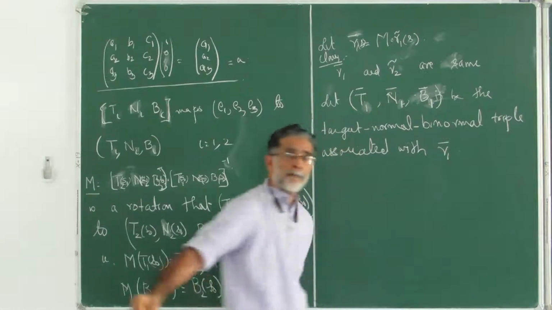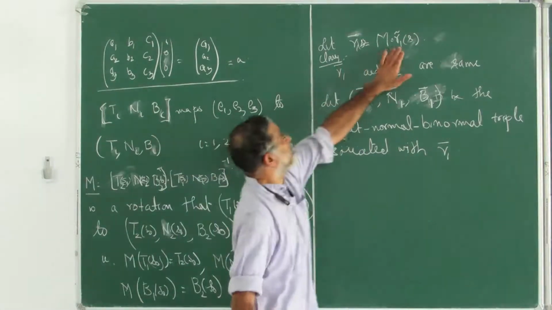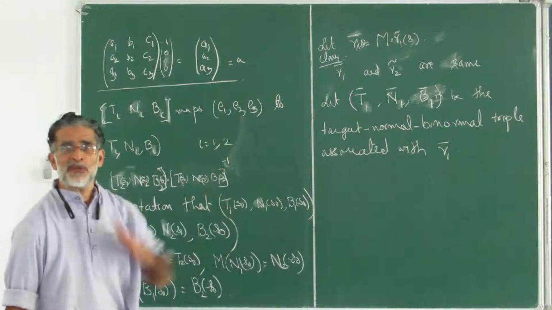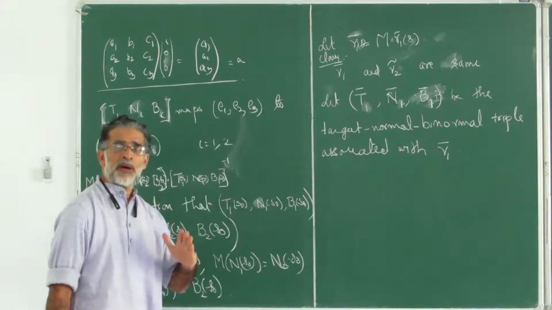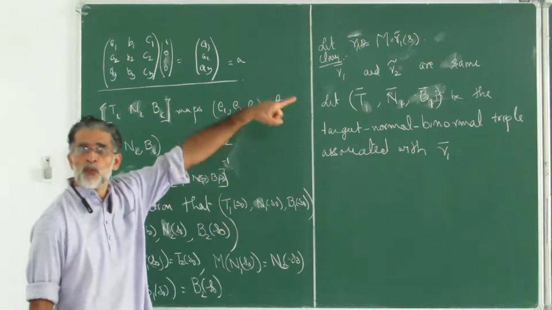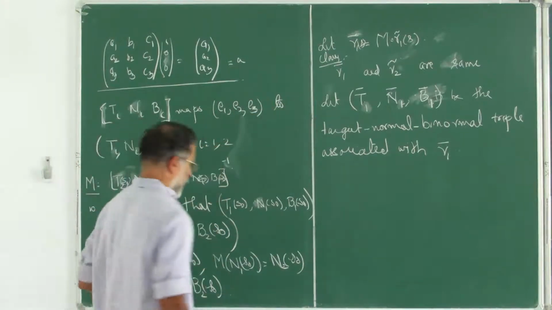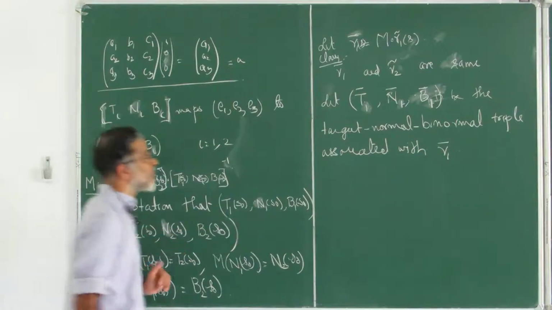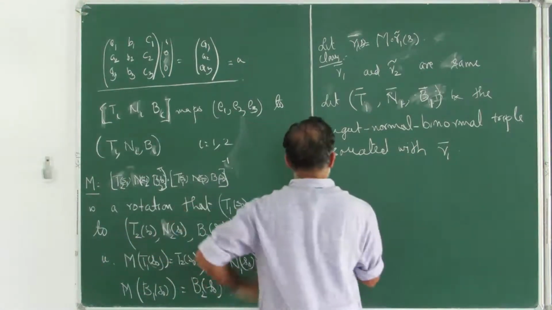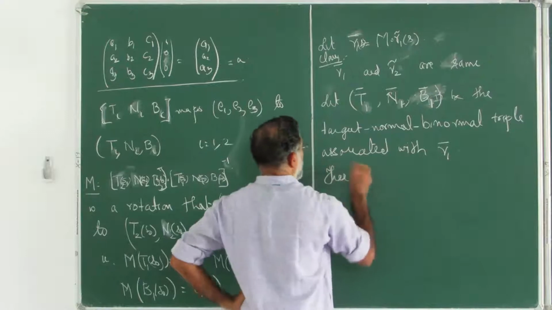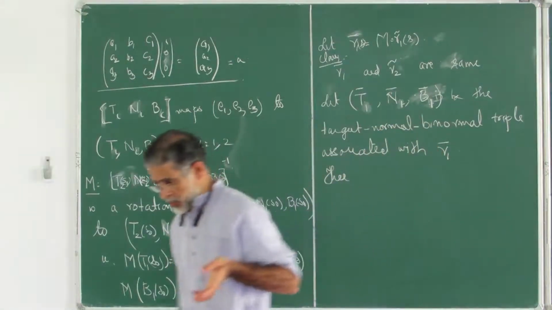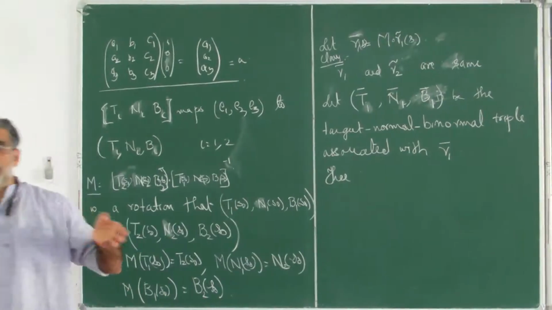gamma 1 bar. Gamma 1 bar is M composite gamma 1 tilde. Gamma 1 tilde is a translate of gamma 1. So we started with gamma 1, gamma 2, translated. Now one of them we have rotated. We are ensuring that at one point A. So let us just apply this then. You know that M is a rotation, so it doesn't change tangent, normal, binormal.